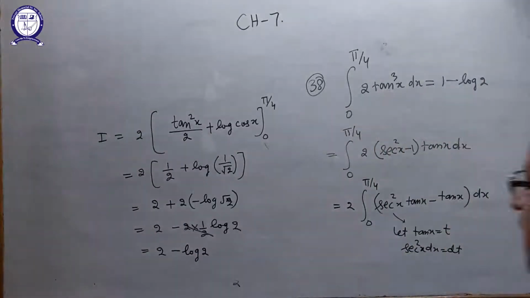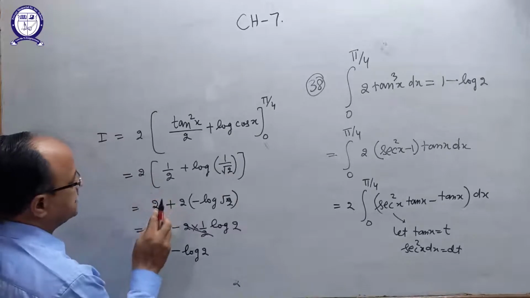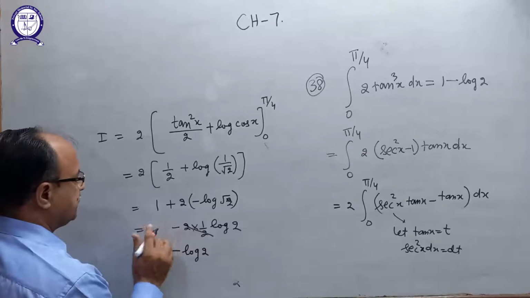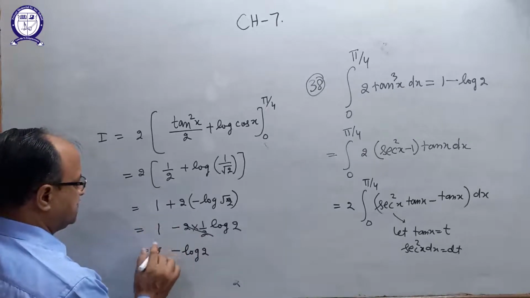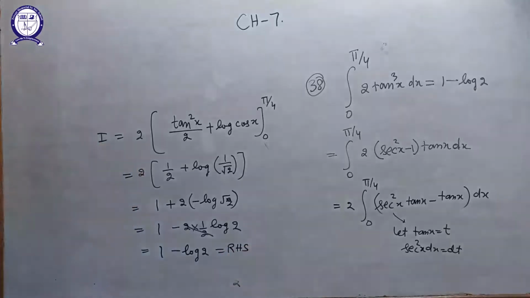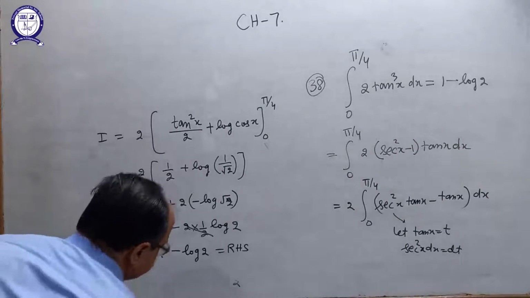When you multiply 2 with 1 by 2, the 2s cancel. Here 1, here also 1. That is the right hand side. This is question number 38. Clear?